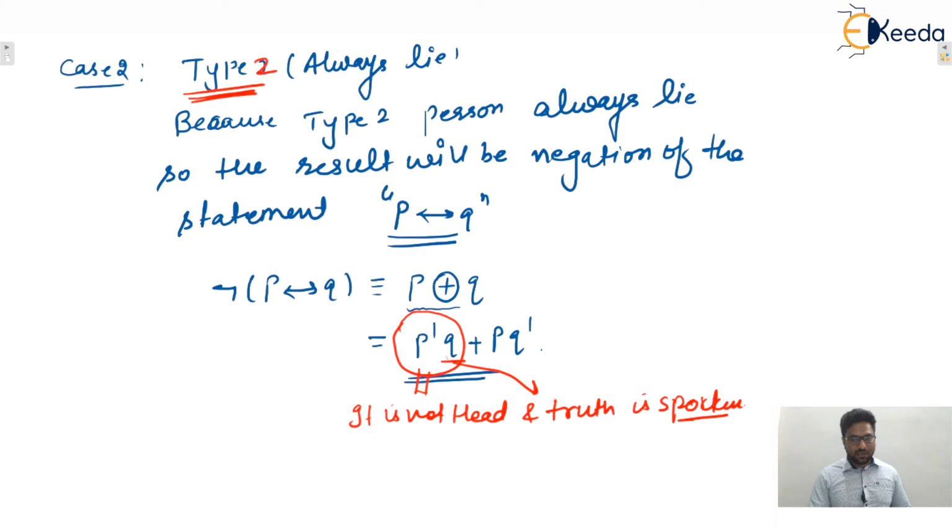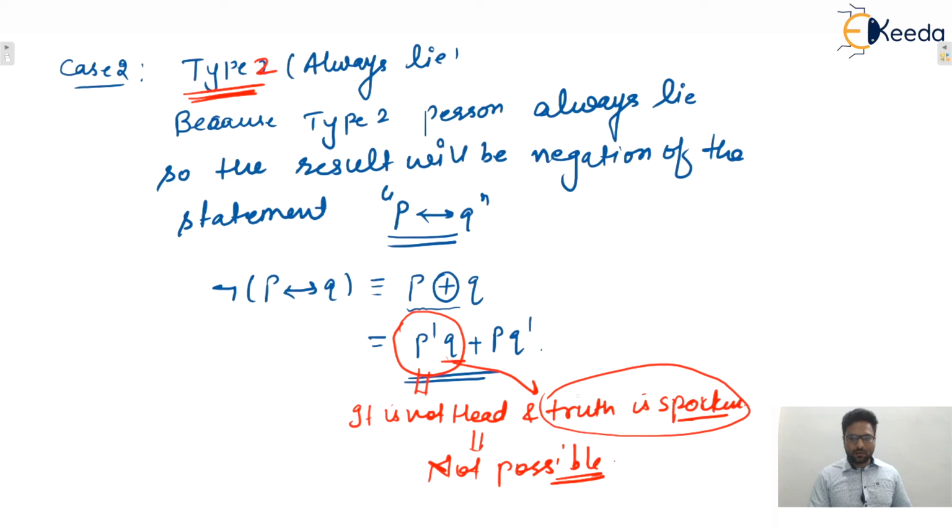So in real life, this is not possible, because type 2 cannot speak truth. Why?